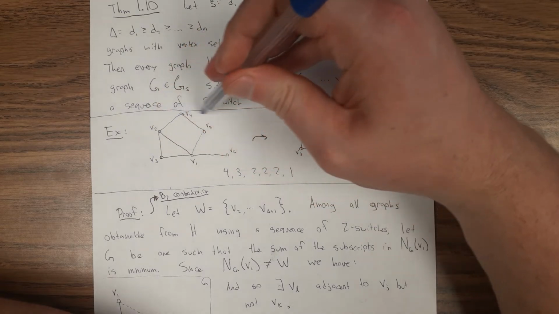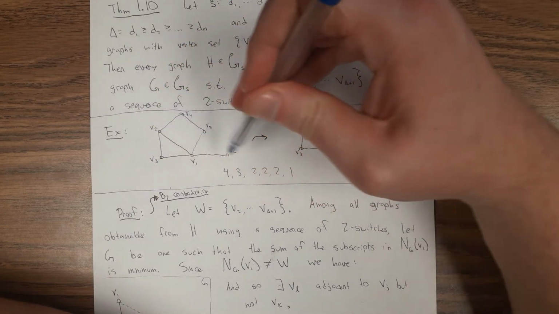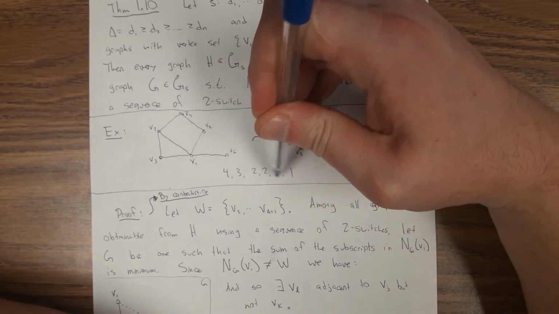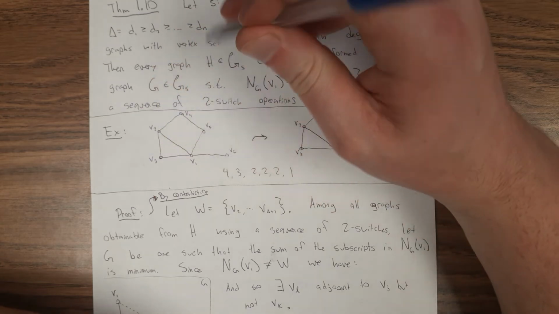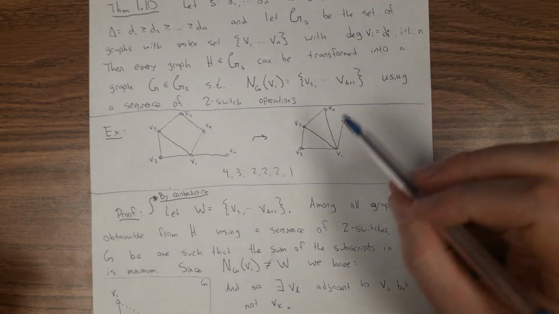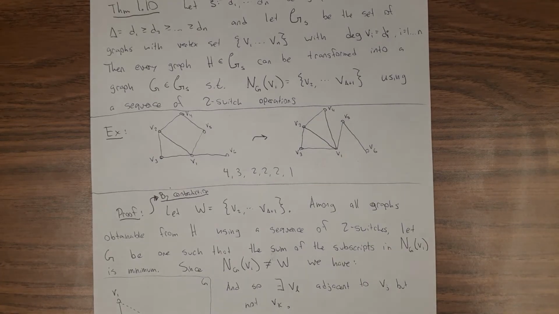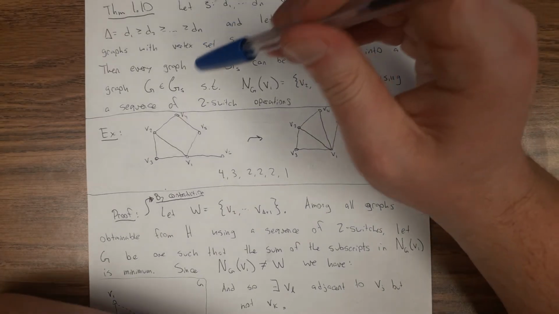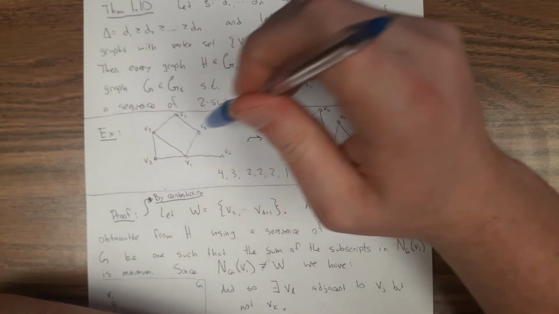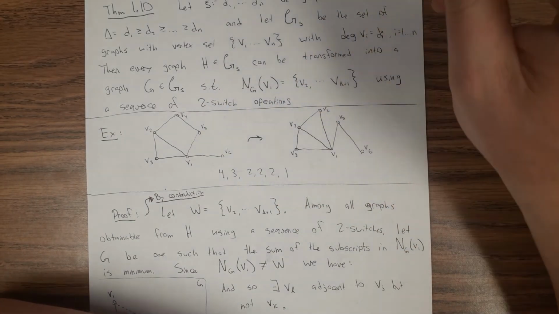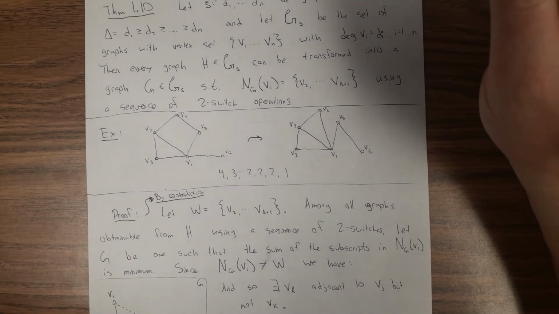So this one, even though this graph does have this degree sequence, this graph doesn't have the special property of this degree sequence. However, I can take this graph and do a 2-switch.